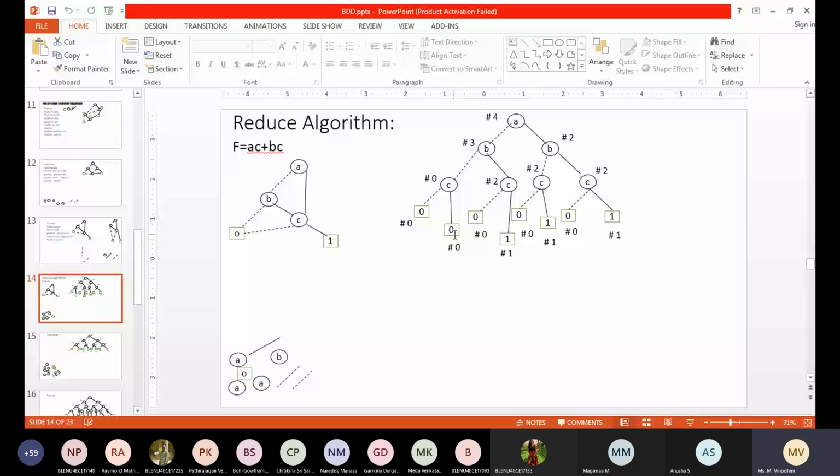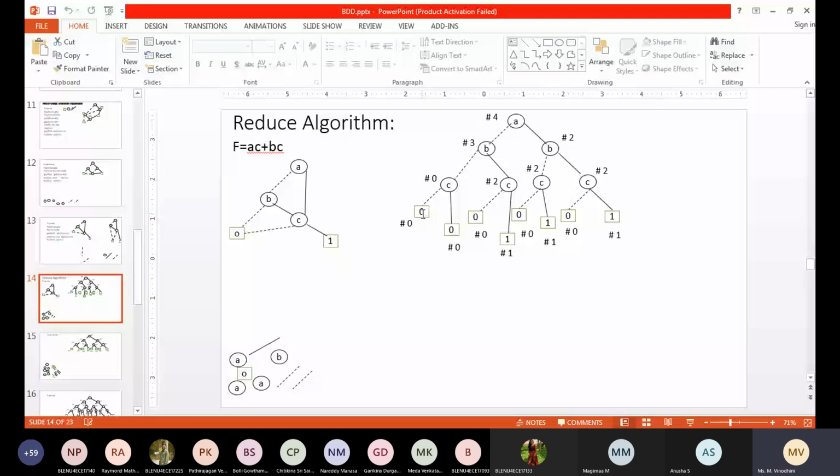When we use the reduce algorithm, if you find anywhere the numbers are all same for all the 3, what you have to do is remove the main node and the 2 output lines, 0 line and 1 line, and of the branches at the bottom, one you retain, one you remove.